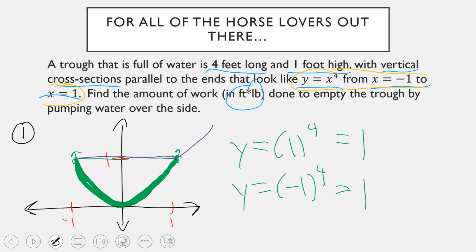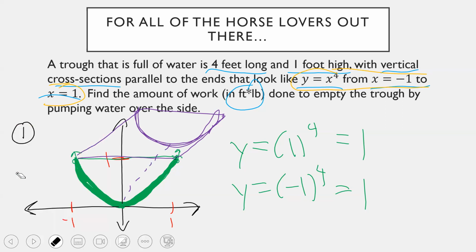So I'm going to kind of extend out the ends here. Okay, and because the vertical cross sections look like this kind of U shape, I know at the other end it'll be a similar shape. Okay, kind of like that. We could connect it across the bottom if we wanted to. Okay, so there is our picture.